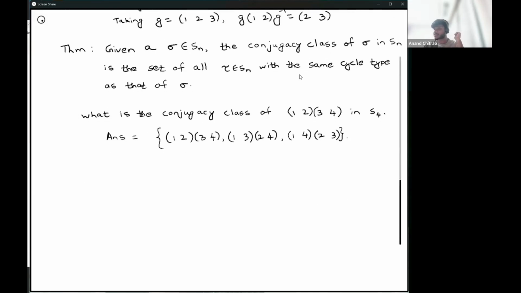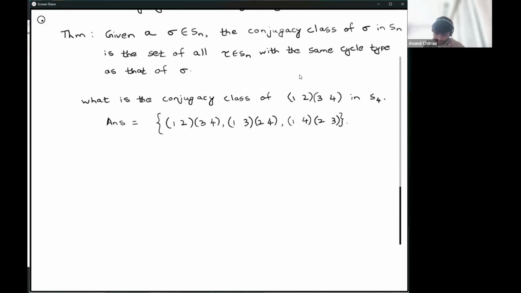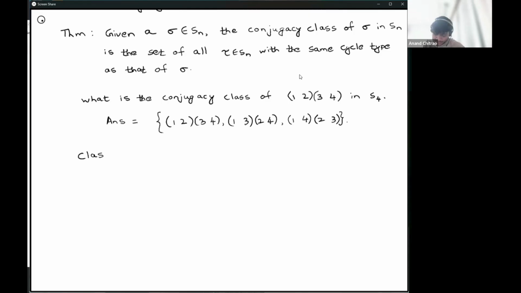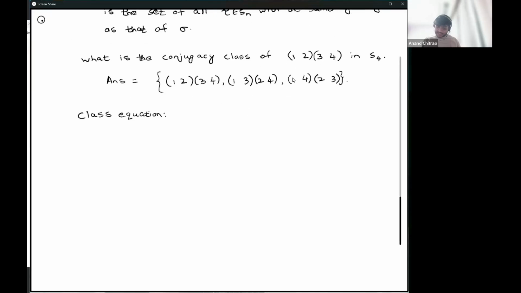Now let me write down one thing. This is called the class equation. I'll just write down this equation so that you at least get to see this once.